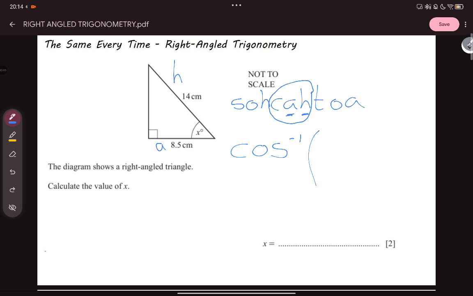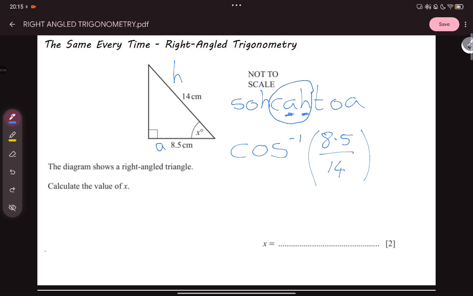So inverse cosine, and then it's A divided by H. So A is 8.5 divided by H, which in this case is 14. So to find the angle, it's the inverse cosine of the A side divided by the H side.